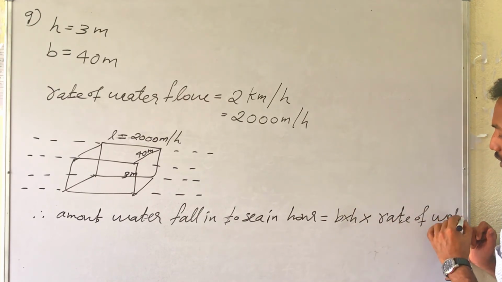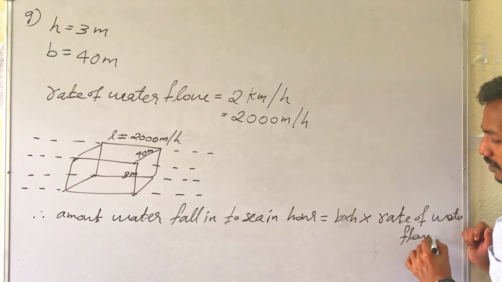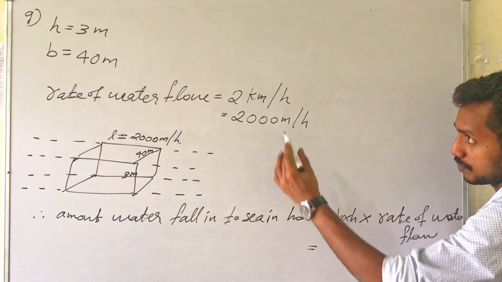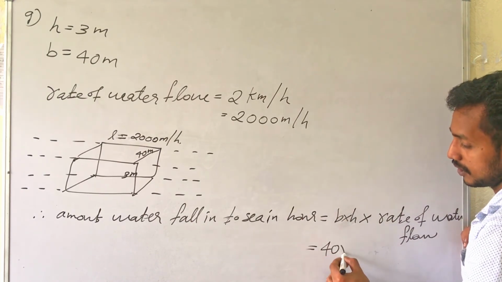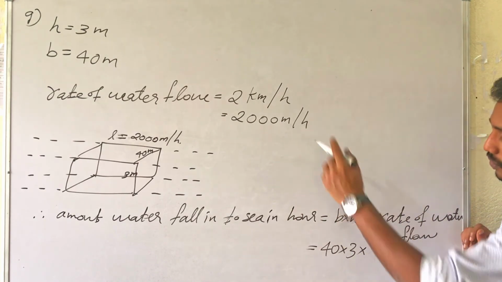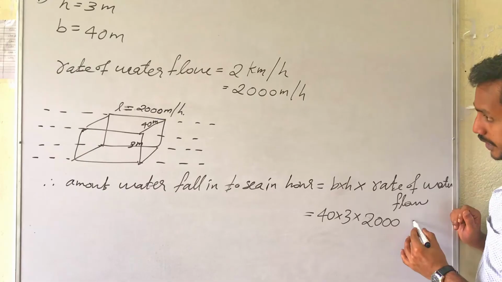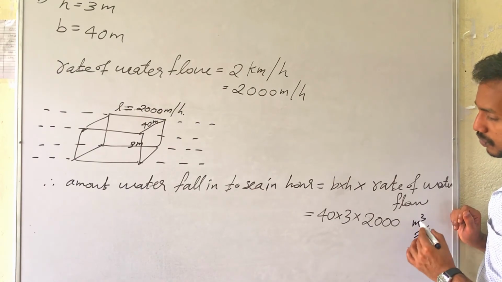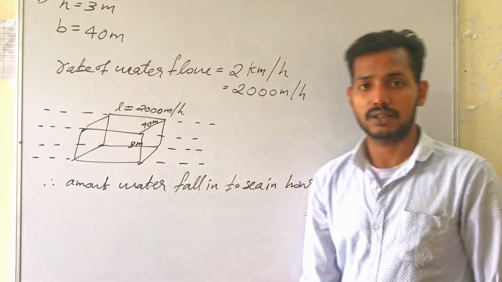What is breadth? 40 into height is 3 into rate of water flow is 2000, this much meter cube, because all the quantities are given in meter.